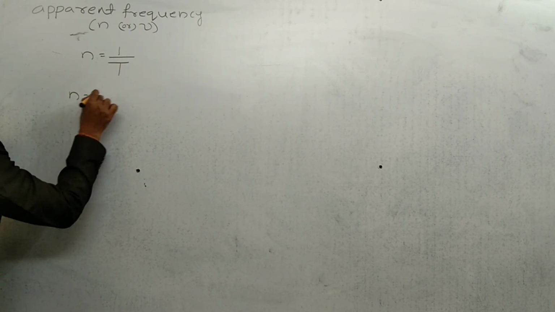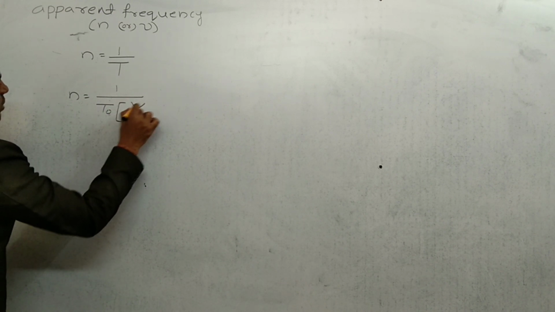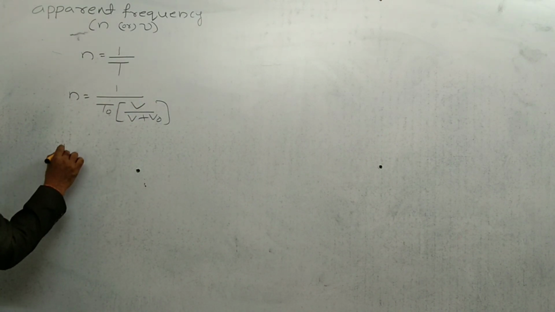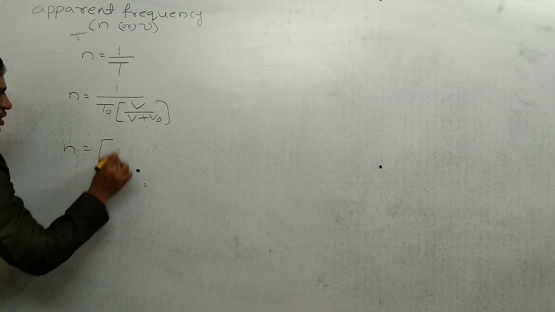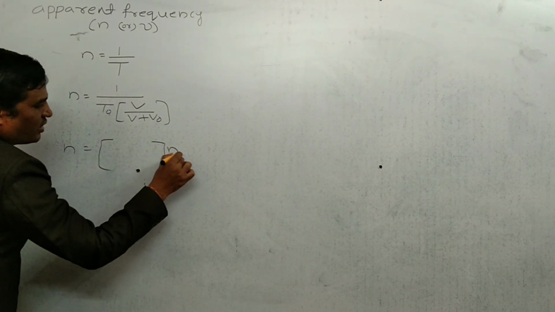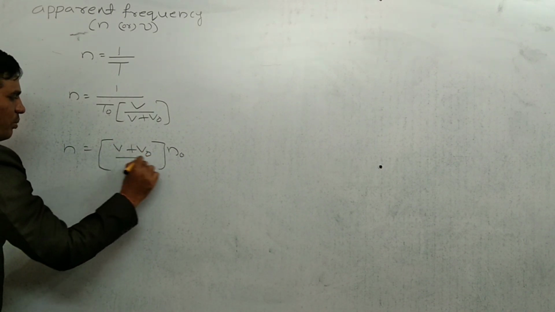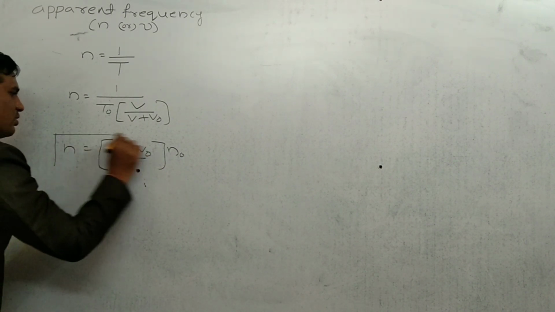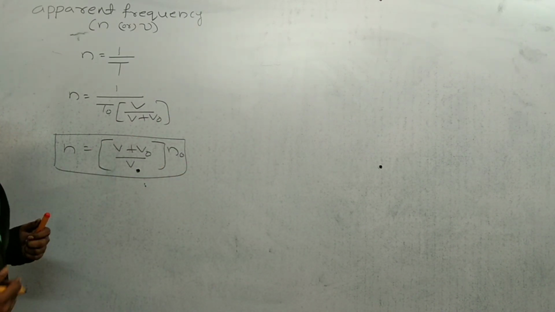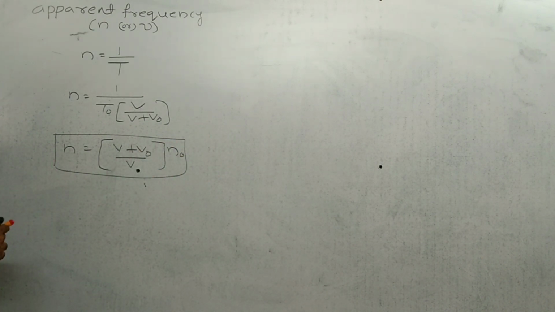So n equals 1 by t naught v by v plus v naught. 1 by t naught is nu naught or n naught, the frequency. Now reverse it: v plus v naught by v. It is the apparent frequency when the observer is moving towards the stationary source.